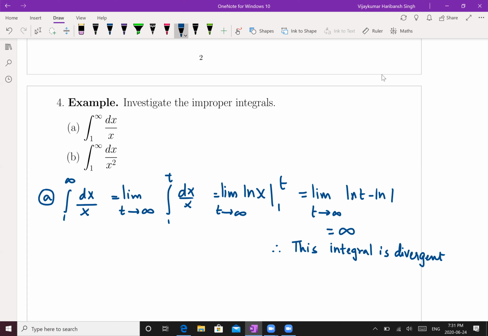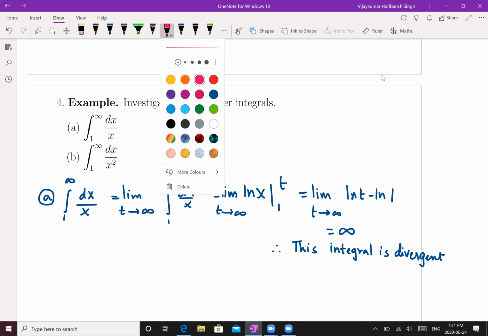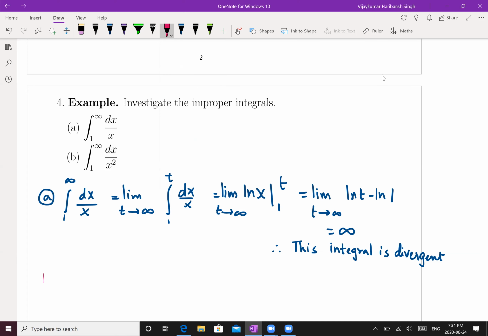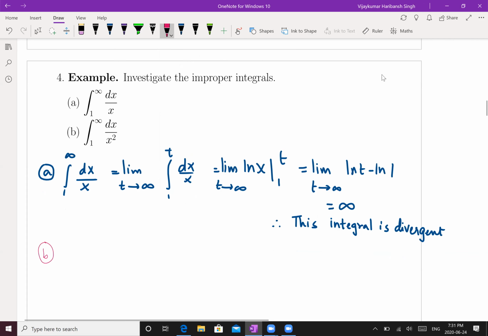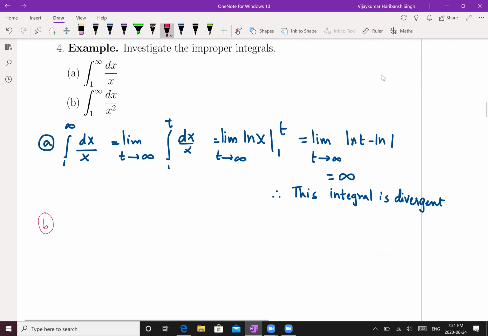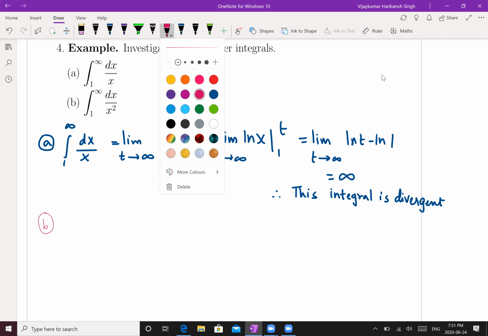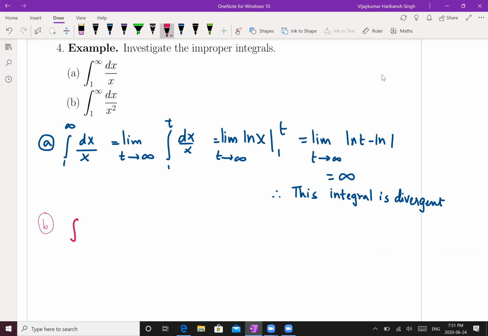Let's look at the next problem, problem B. So for problem B, we have the integral from 1 to infinity of dx by x square.